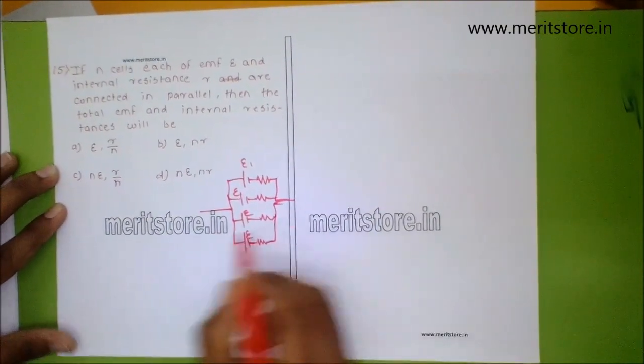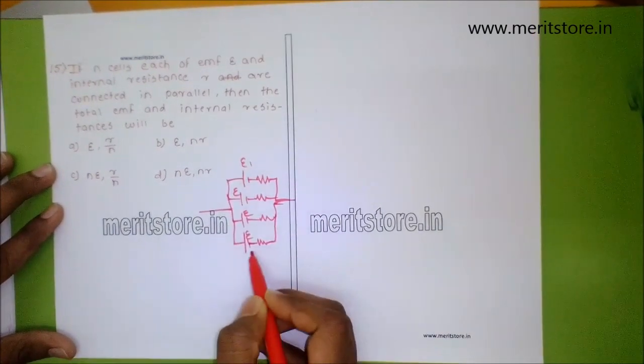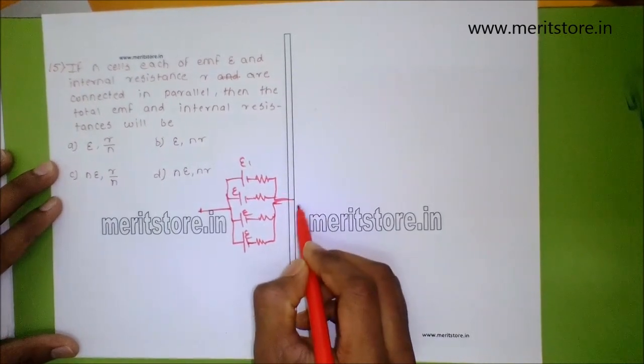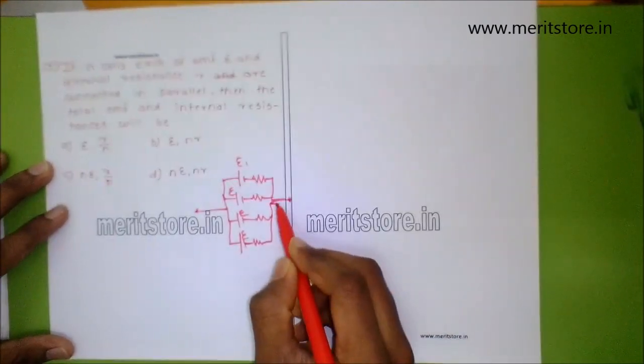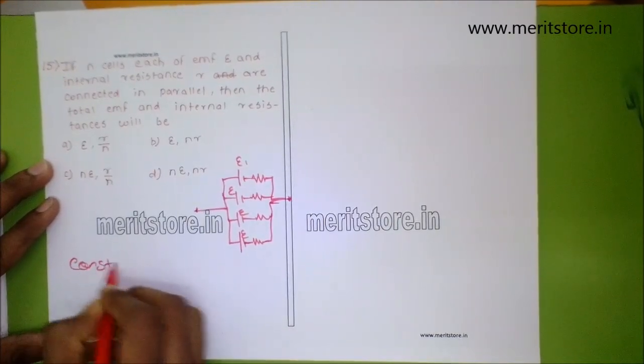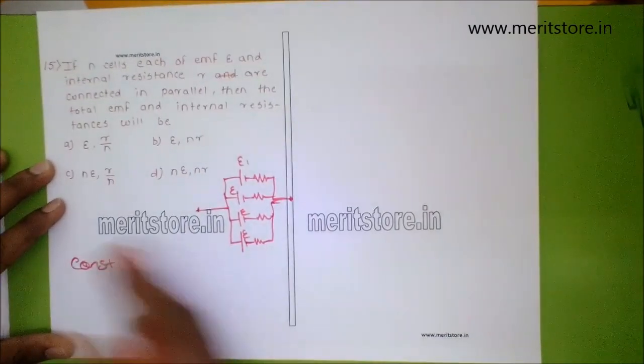The thing we need to note here is that when cells are connected in parallel, the potential difference or the EMF across the ends would remain constant. It doesn't change for cells in parallel, whereas in series it adds up.